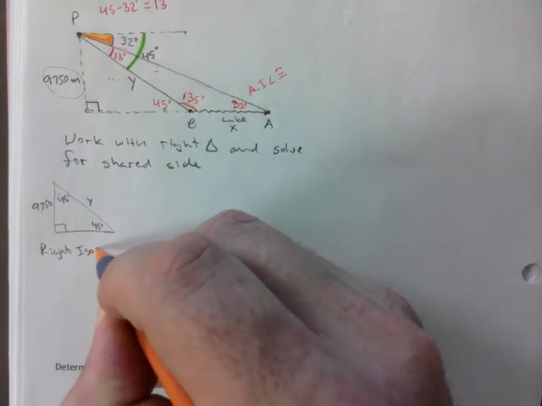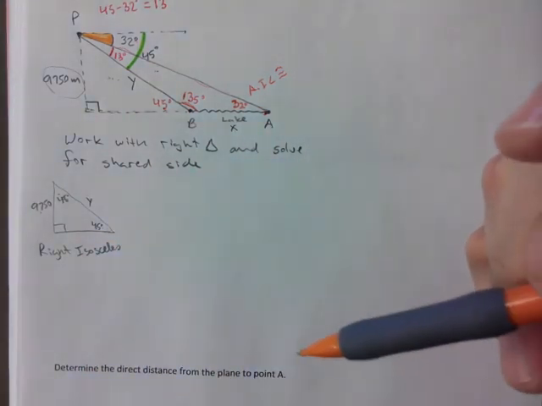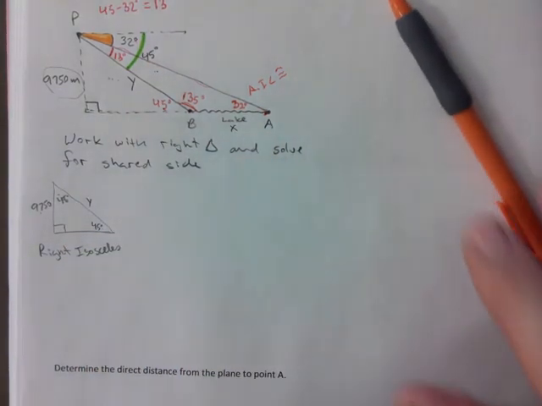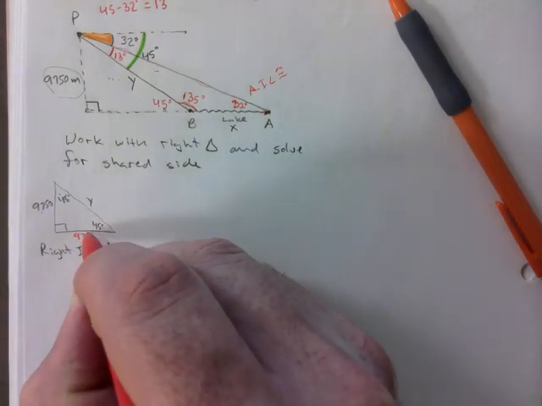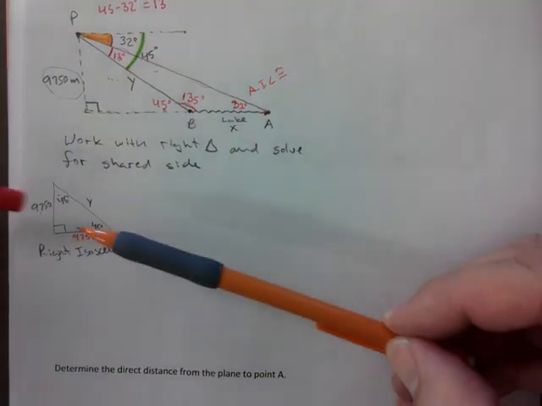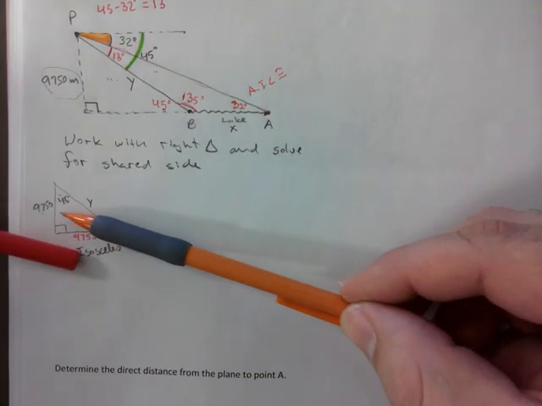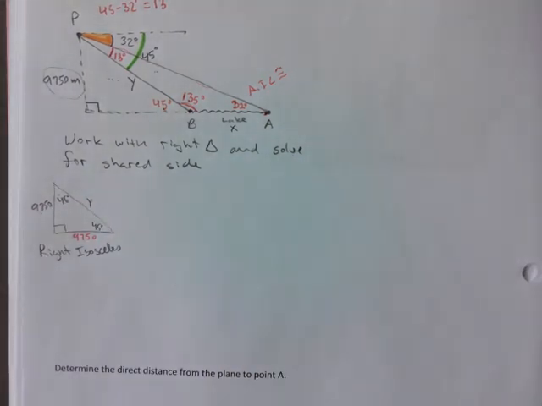So that's just an added bonus there, which means that technically, folks, this is 9750. We know that without doing math because if these two angles are the same, so are the sides across from them. Okay? That's just an added bonus.